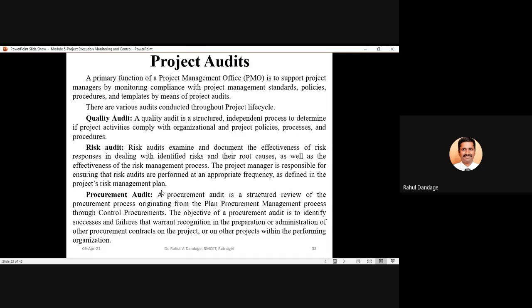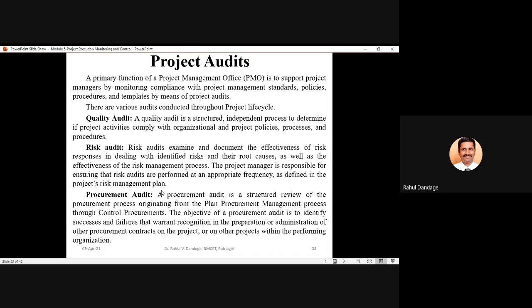Similar to this financial audit, there must be a project audit for the various activities and various parameters of your project. This project audit is a very basic and primary function of the project management office. The project management office supports the project managers by monitoring compliance with project management standards, policies, procedures, and templates by means of project audits.